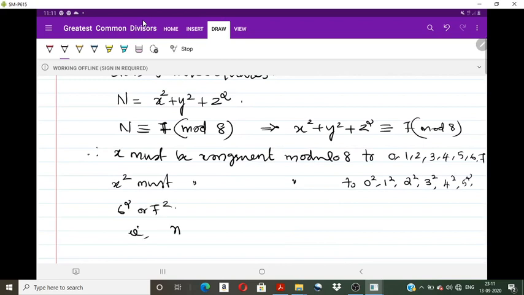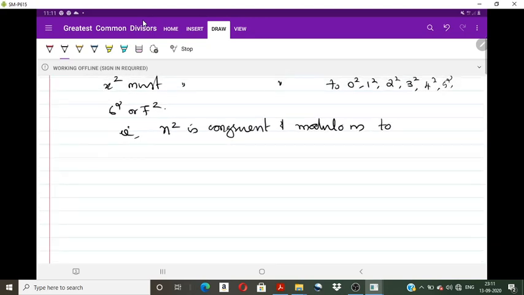That is, x square is congruent modulo 8 to 0, 1, 2 square is 4. Now 3 square is 9, 9 is again 1.